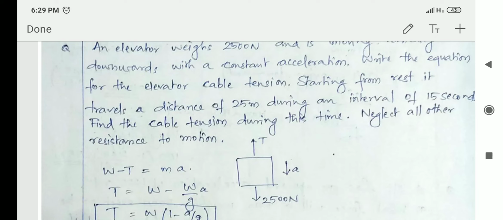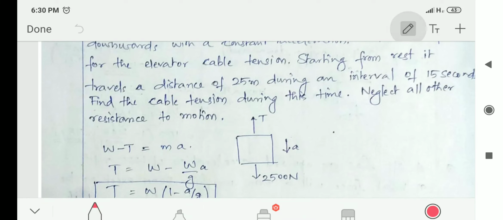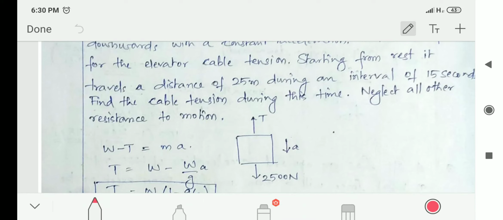Now, starting from rest, it travels a distance of 25 meter during an interval of 15 seconds. The elevator is moving downwards, right? So it might have started from a rest position. Find the cable tension during this time, neglecting resistance to the motion.